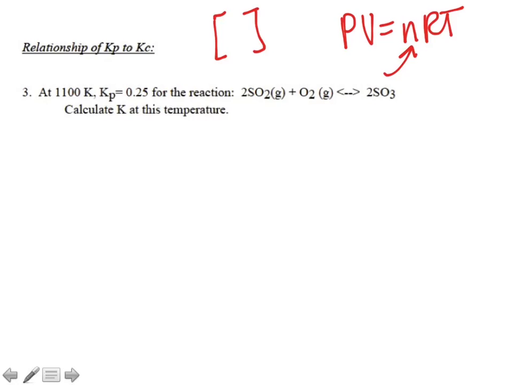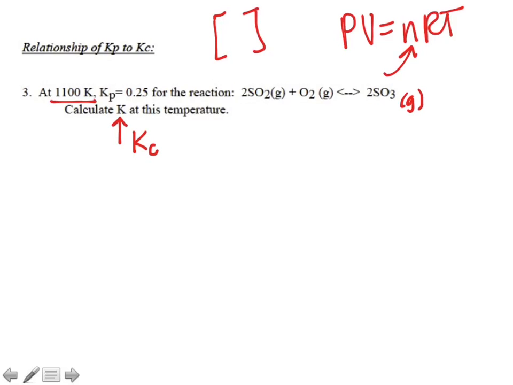So here, it says at 1100 Kelvin, K pressure is equal to 0.25 for the reaction 2SO2 plus O2 yields 2SO3, and that's a gas. Calculate Kc for this temperature.